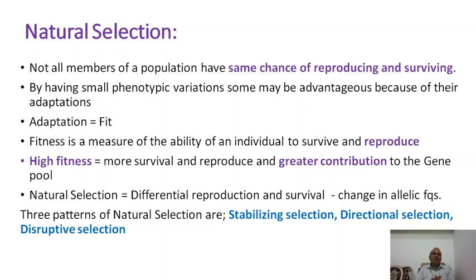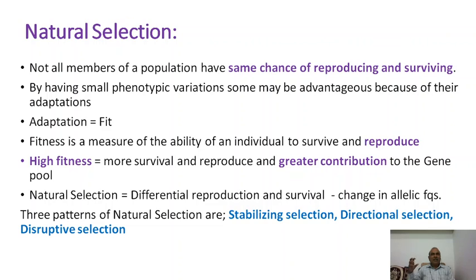These two are very important things for natural selection. Natural selection has differential reproduction and survival. So differential reproduction and differential survival rates of individuals play a very important role in natural selection. As a result, over generation after generation, because of natural selection, only the favored alleles are moving.